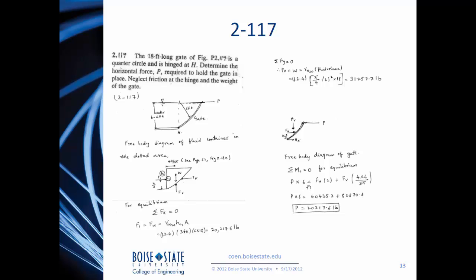So P times 6, which is the moment arm, equals Fh times 2, which is the length of the moment arm, and then Fv times the moment arm, which you can find from page 62. You can then find the horizontal force P required to hold the gate in place.